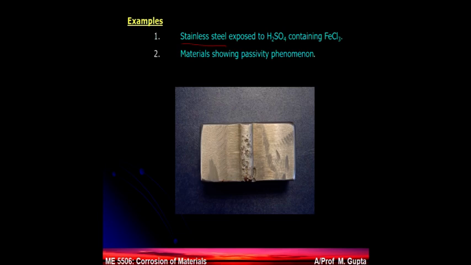So in acidic and chloride, if your environment is acidic which contains chlorides and you have iron based material like stainless steel, then you can expect pitting corrosion to take place. So do not combine them. Basically these materials which mostly show pitting corrosion are the ones which show the passivity phenomenon.